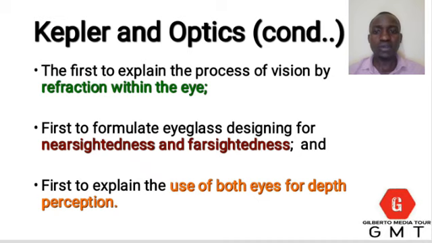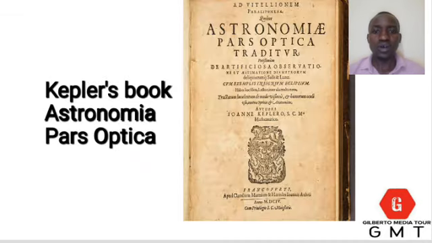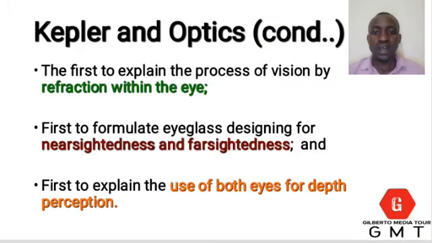From that book, you can learn what nearsightedness and farsightedness are and how to avoid them. Also, he was the first to explain the use of both eyes for depth perception.